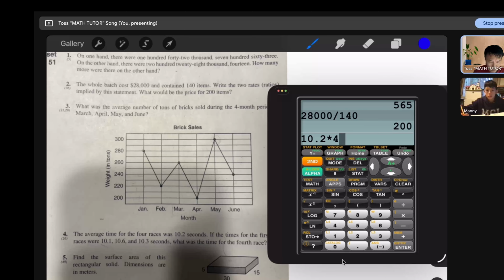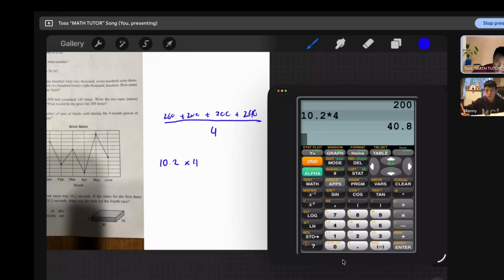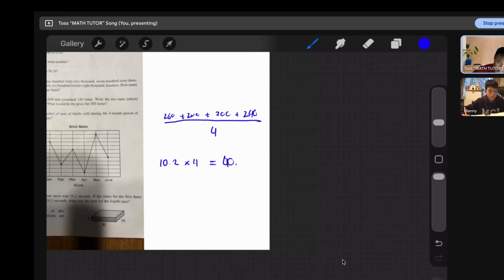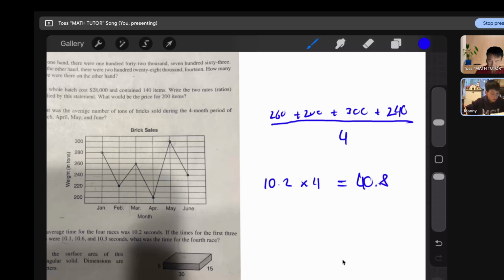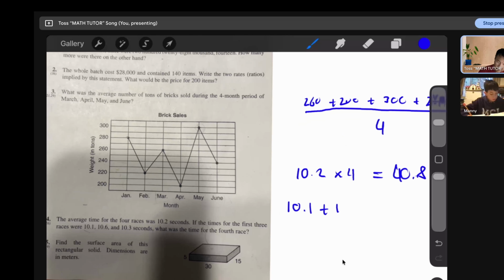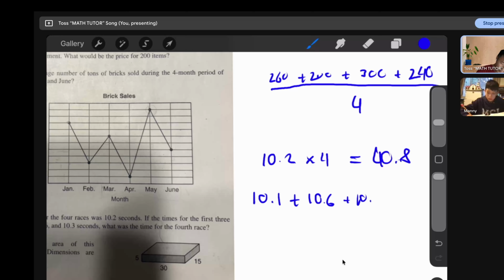10.2 times 4. So it's 40.8. So what do we do with that? And then we add 10.1, 10.6, and 10.3. Good job. 10.1 plus 10.6 plus 10.3.